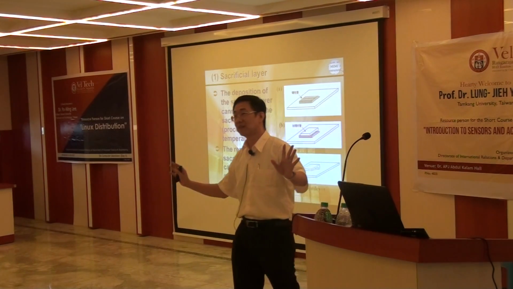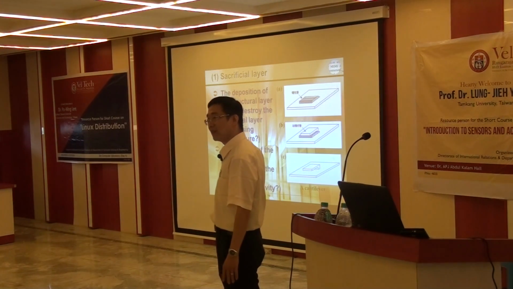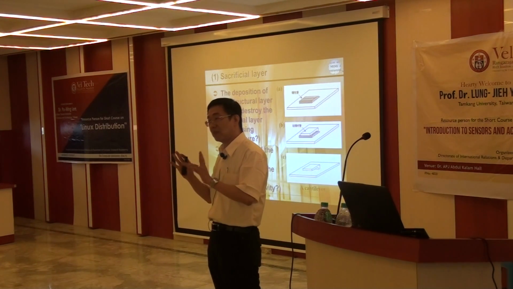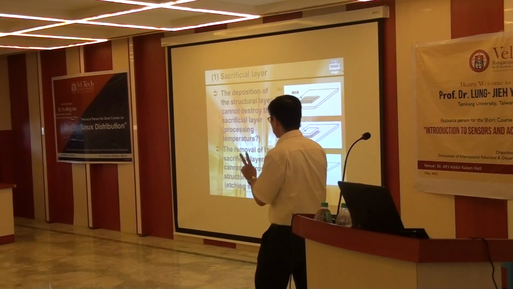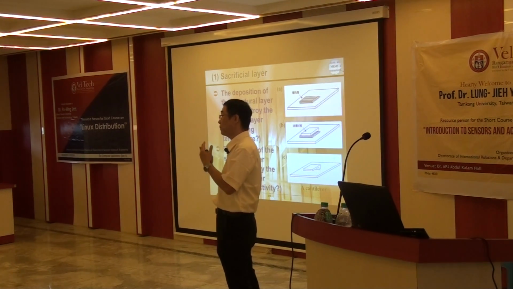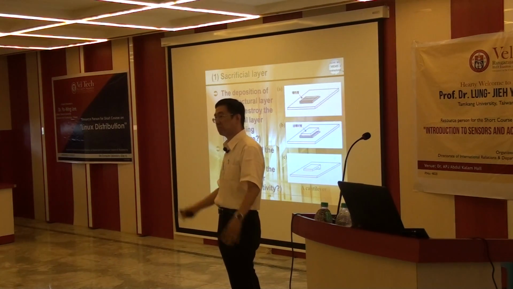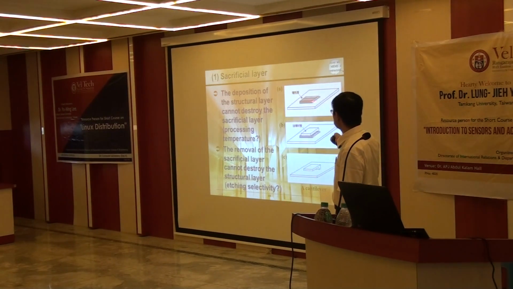Reasonable, right? So these two terms are different. But these two rules are very basic and important. You must satisfy these two conditions. Then your freestanding structure will be successful. Otherwise, impossible. Okay, you say, very easy, I just try to remove that.